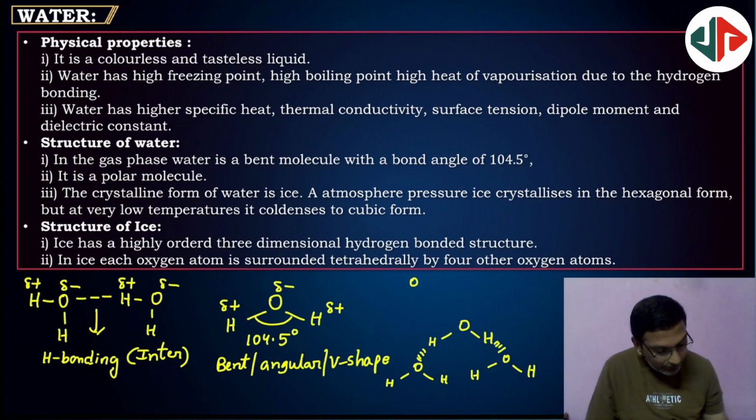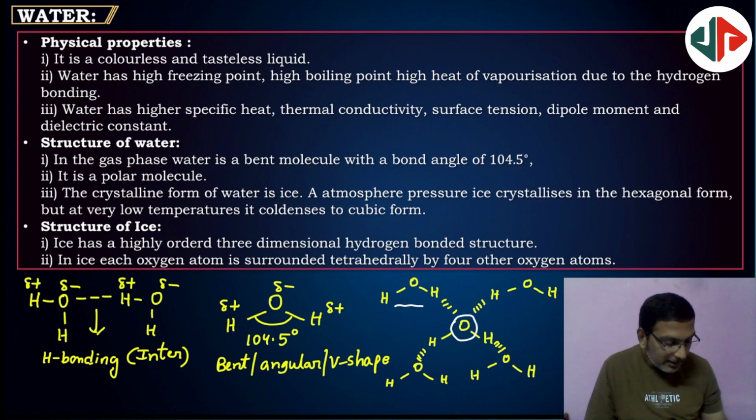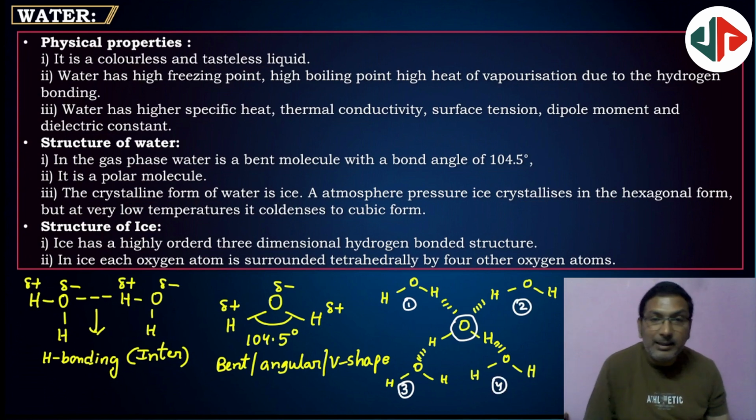One more OHH and OHH. In this way, each oxygen atom is surrounded by four oxygen atoms or four water molecules: 1, 2, 3 and 4. So it is a tetrahedral arrangement. Very important.